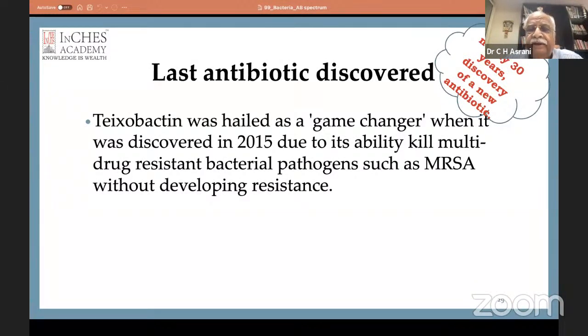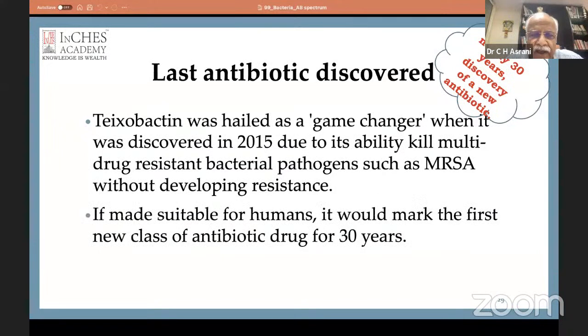Due to its ability to kill multi-drug resistant bacteria, what we call as a superbug, such as MRSA, without developing resistance. In 2015, they said if it is made suitable for humans, it would mark the first new class of antibiotic drug for 30 years.